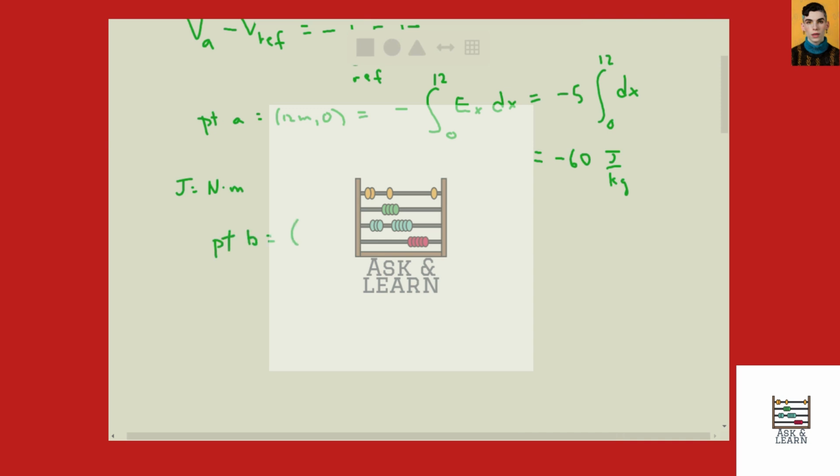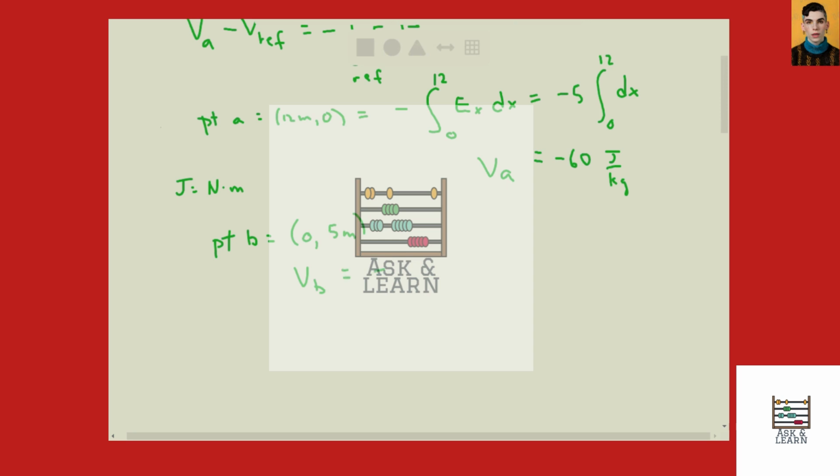And point B, let's try one more point because these are going to come into play later. So point B is 5 meters. So V_B, yeah, this was V_A. And point B is 0, 5 meters. And so the x direction is not changing, but just the y.